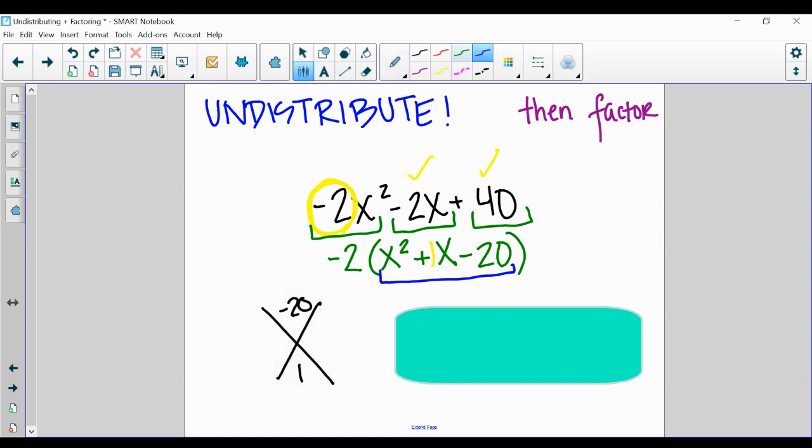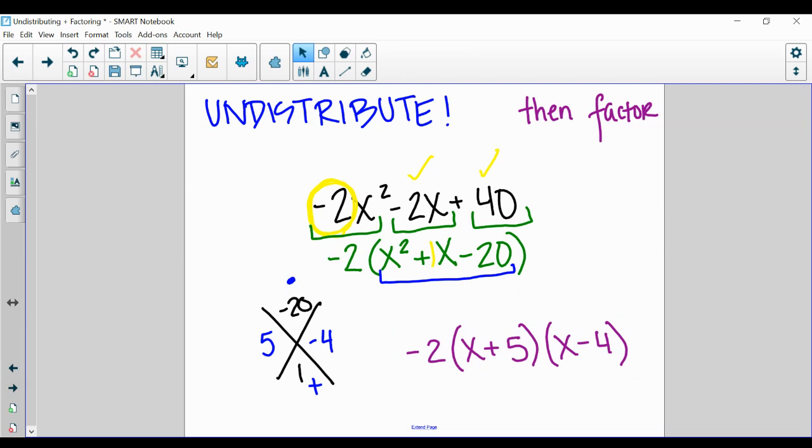I'm thinking about what is going to multiply to negative 20 and add to positive 1. That's going to be positive 5 and negative 4. So my factored form is going to be negative 2. Remember, we're bringing this negative 2 down to our factor, and then x plus 5, x minus 4.